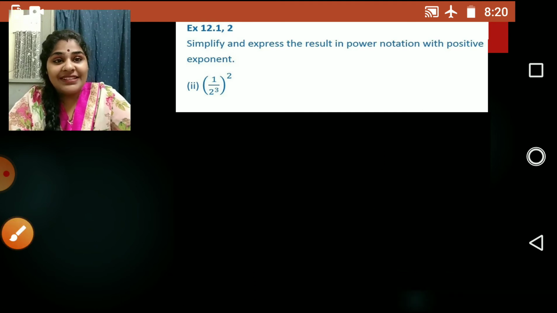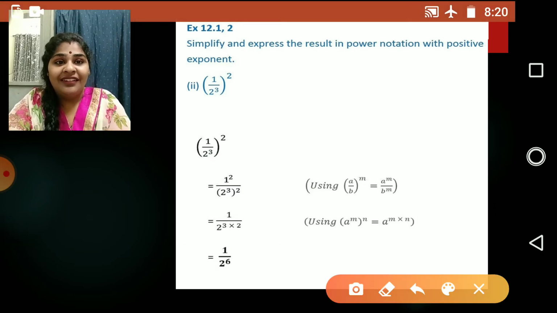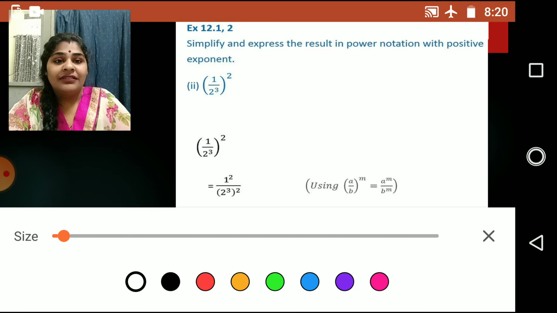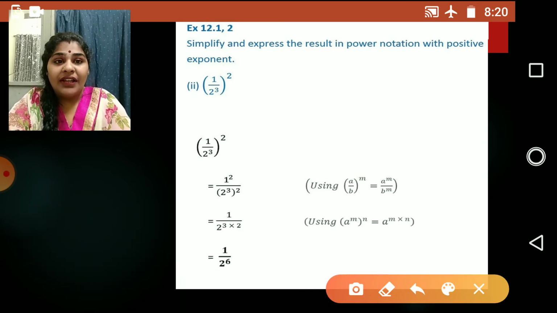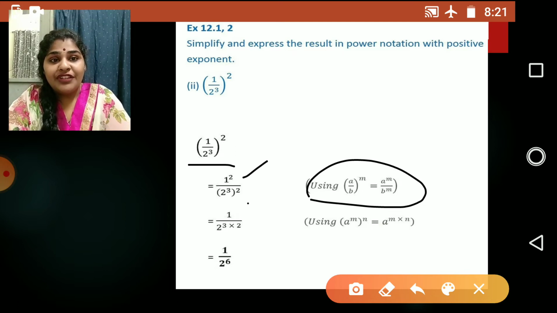So let us once again see the solution, children. 1 upon 2 cube whole raised to 2, we can use the law and write it as 1 square upon 2 cube raised to 2, which is equal to 1 upon 2 raised to 3 into 2.